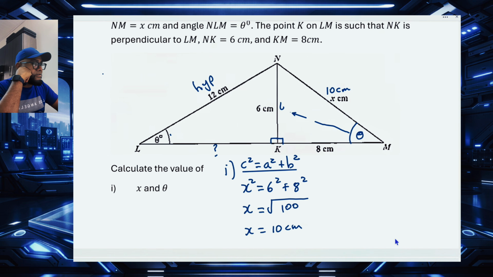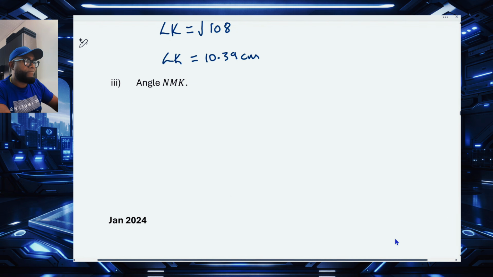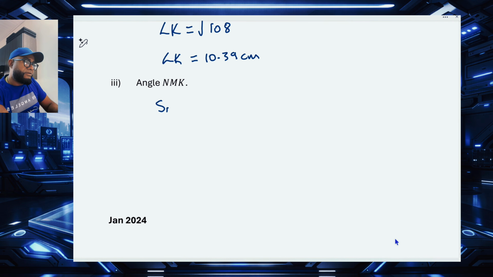Sine, opposite and hypotenuse. So this is your opposite, this is your height. Remember 6 and 10. Sine of theta is equal to opposite over hypotenuse, so sine of theta would be equal to 6 over 10.